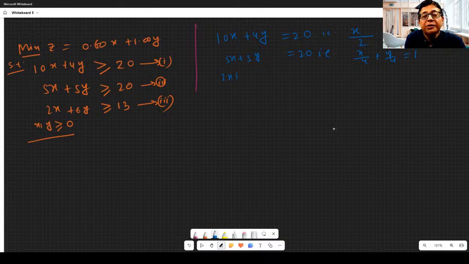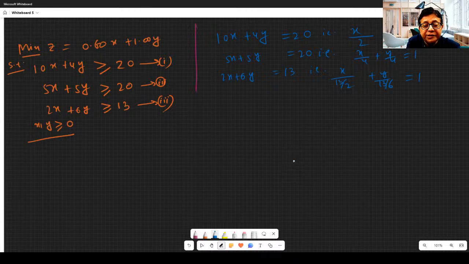And this one, you divide by 13. There is a problem here because 13 by 2 will come, and here 13 by 6 equal to 1. So what have I told? For this, you go for plotting the way you used to do in junior classes.